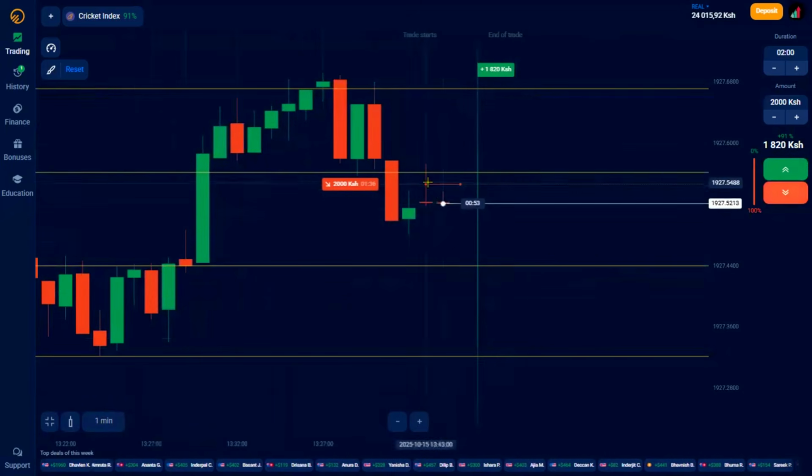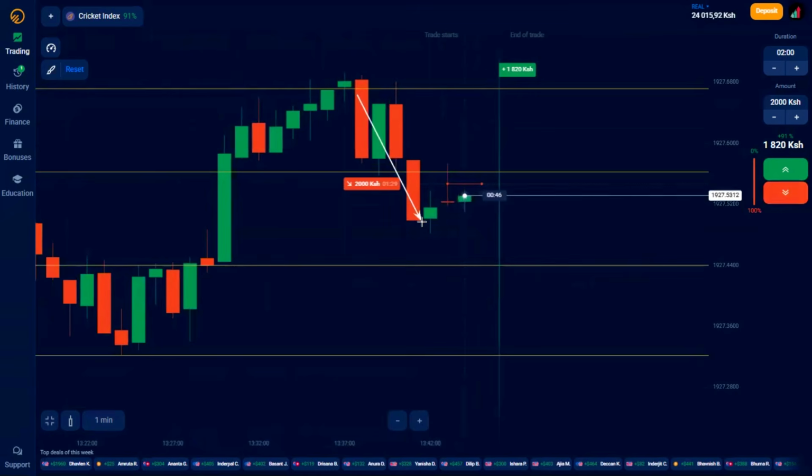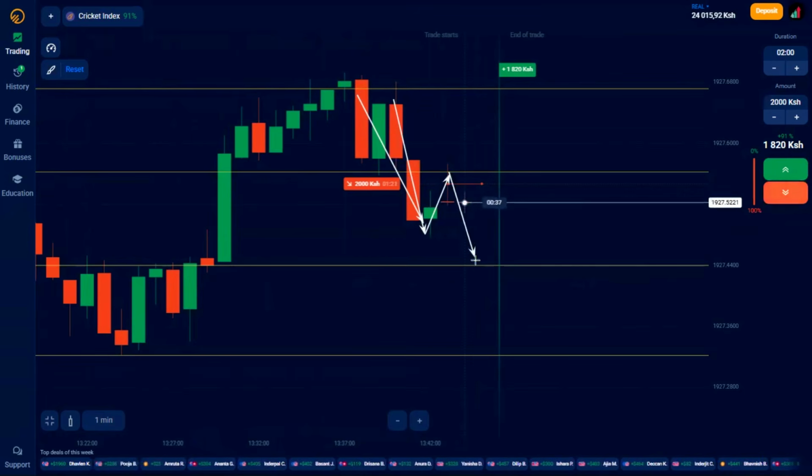The reason why I placed that trade is because of this breakout here. The market had broken this zone to the downside, went to retest, and now it's supposed to continue going down to the next zone.